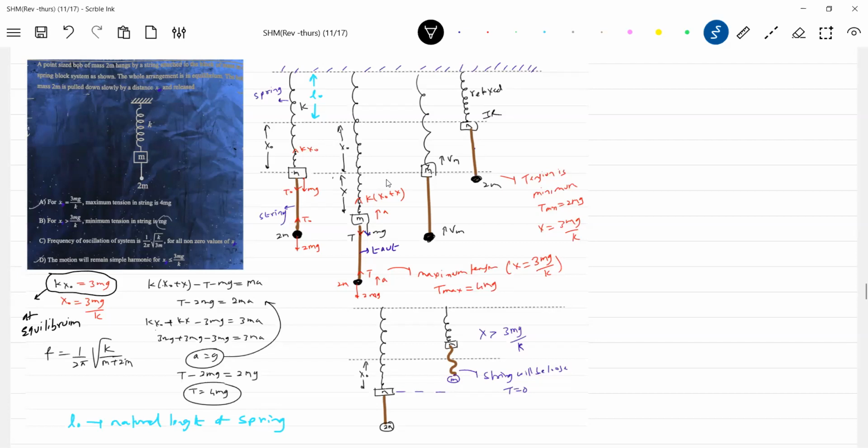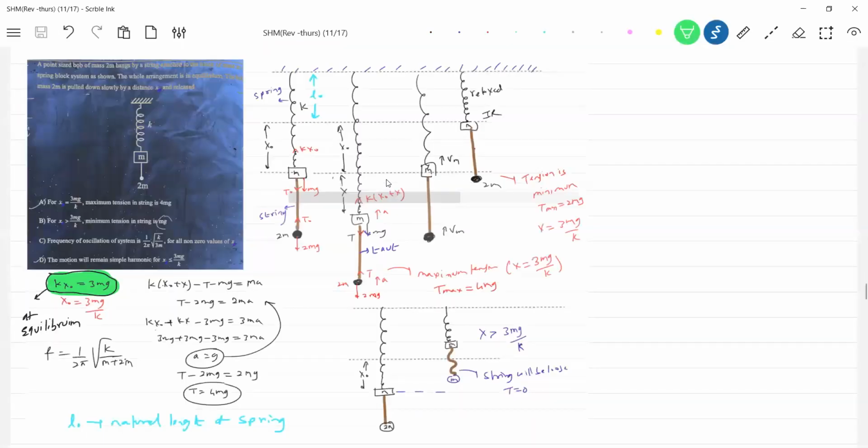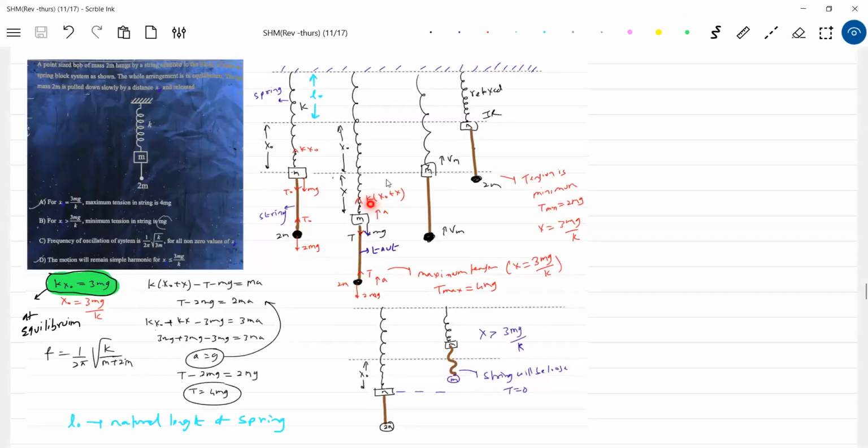Either imagine or draw the diagram, two options are there for you. This is very important. So solving this, eliminating this, we get acceleration equal to g.